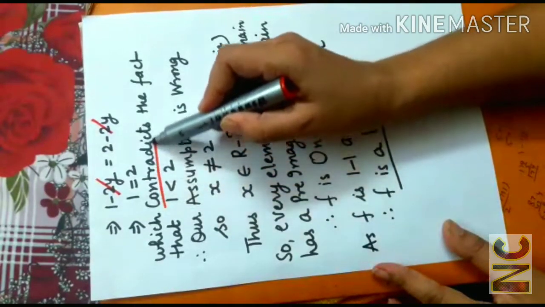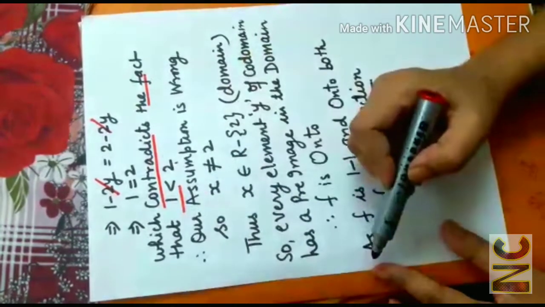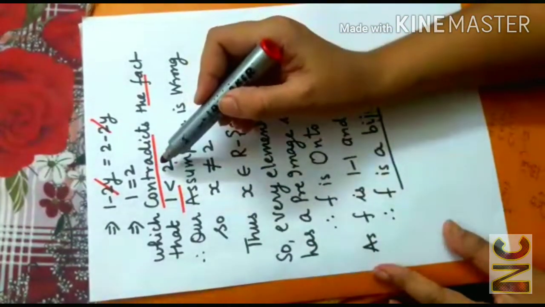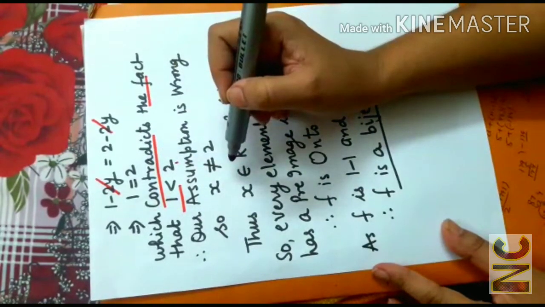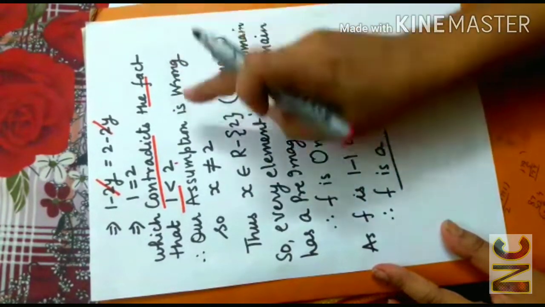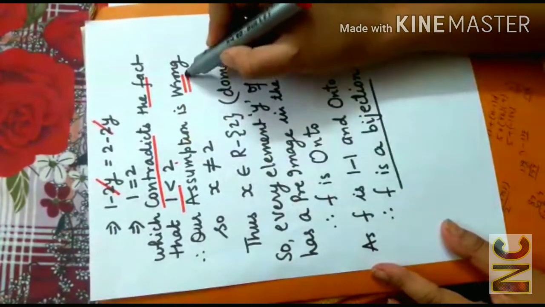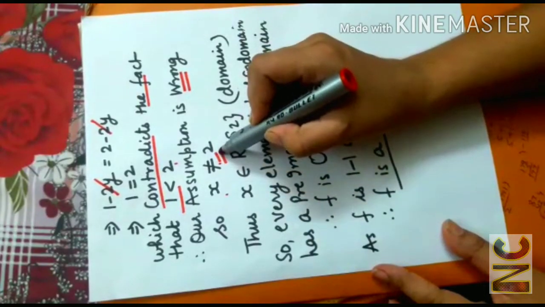And this contradicts the fact that 1 is less than 2. We have received this contradiction because of our wrong assumption. Our assumption was that x is equal to 2. So that assumption is wrong. So x cannot be equal to 2.